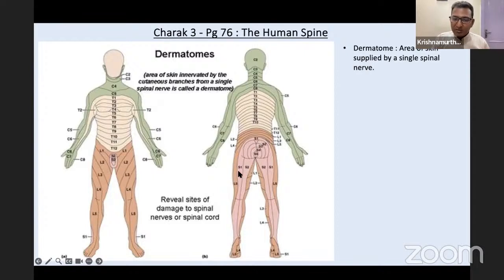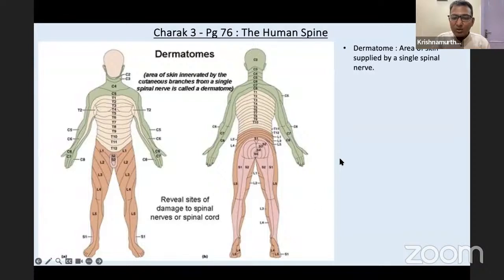And the back part of the leg is covered by the sacrum and coccyx area. Are you able to make this out? Yes, sir. So the skin is innervated from these parts of the spine.